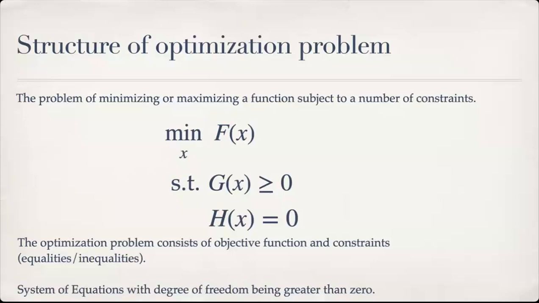You don't need optimization in such a case. The only scenario where we need optimization is when the number of constraints is less than the number of decision variables. Got my point?